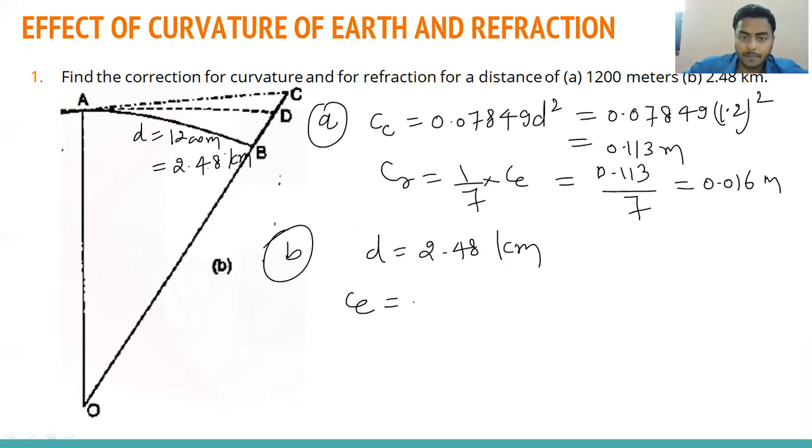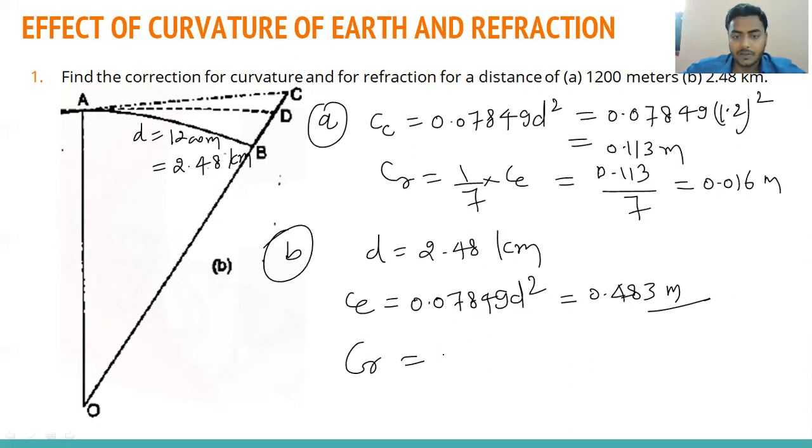So CC is 0.07849 D square. Then you can get this value, that is 0.483 meter. The correction due to reflection, that is 1/7 of CC, we can get this value: 0.069 meter.